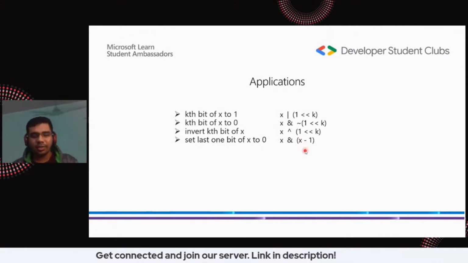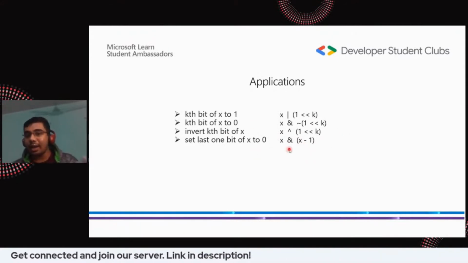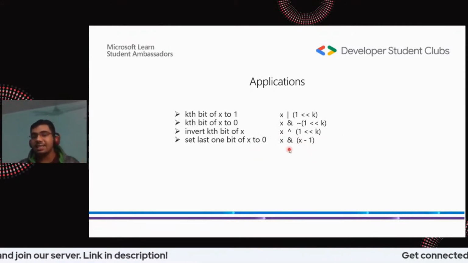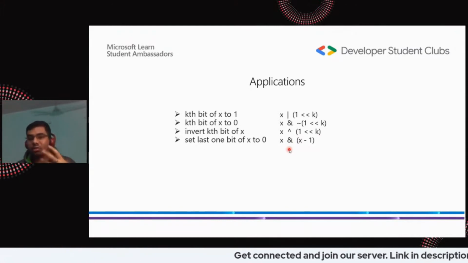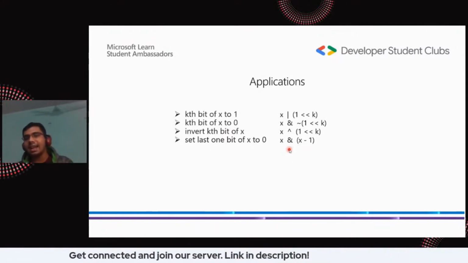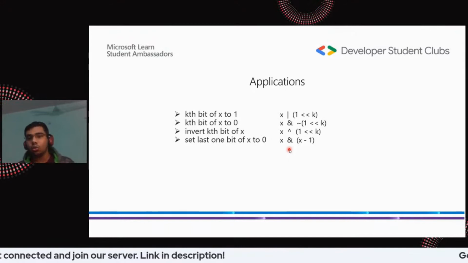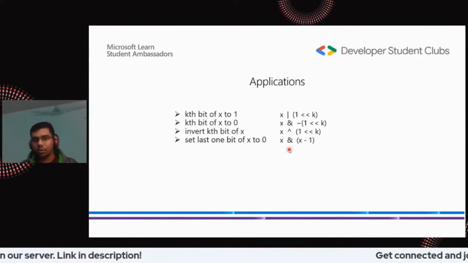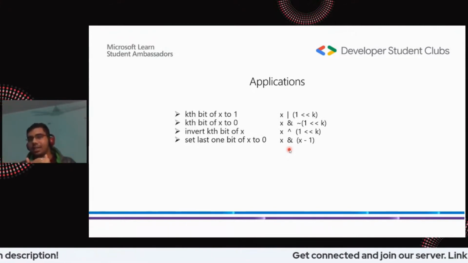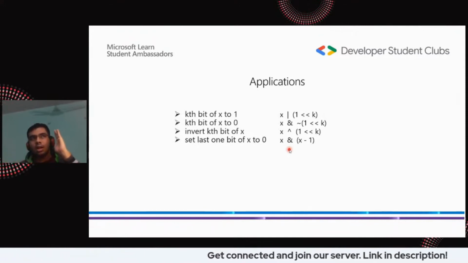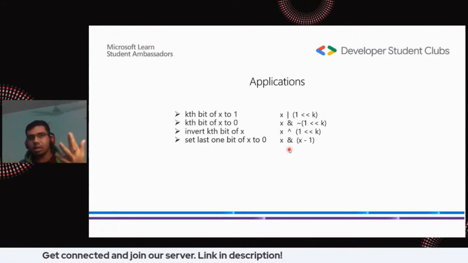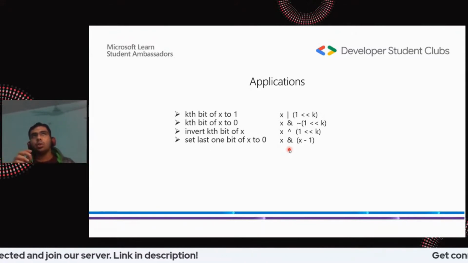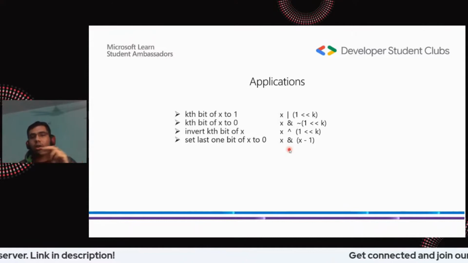This is interesting if you dig into how it works. Say x is a number, say 3, which is 111, right? And you are doing x AND x minus 1. So x minus 1 will be 2, which is 010, right? Sorry, I took a bigger number. 3 was 1, 1, not 1, 1, 1.